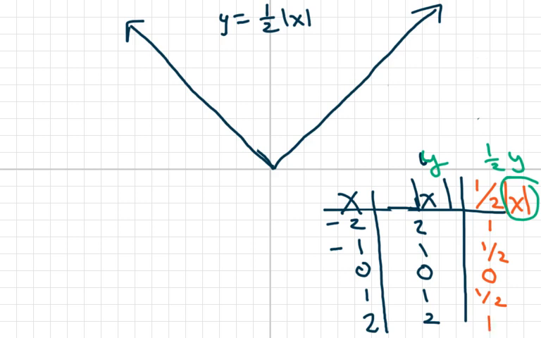And I plot this. So 0 still goes to 0. 1, however, goes to 1/2. And 2 goes to 1. And another way of seeing this is that the slope is 1/2. So we're basically going up 1 over 2. Up 1 over 2.